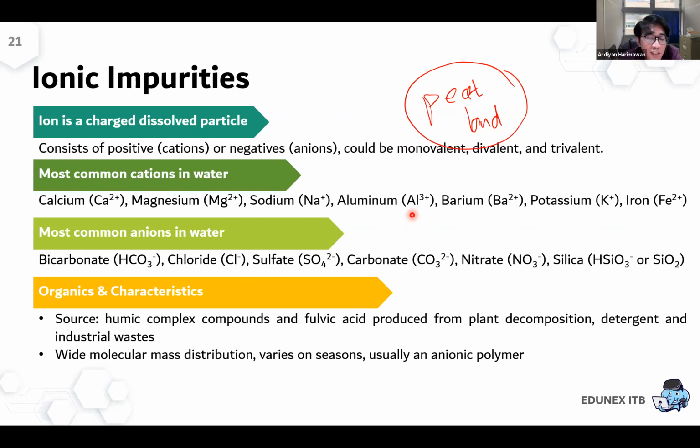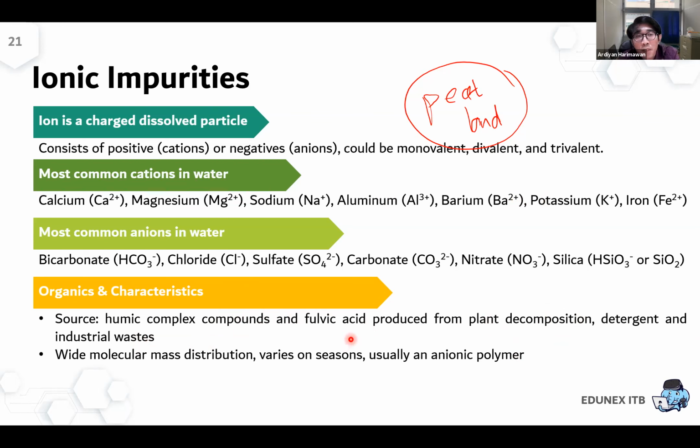Okay, at certain locations, like in the peatland, the water contains quite a high concentration of what we call humic acid or fulvic acid. It basically comes from plant decomposition, although it can also come from the usage of detergent and some industrial waste that contain organic types. But for the peatland, it comes from plant decomposition and contains high humic acid and fulvic acid.